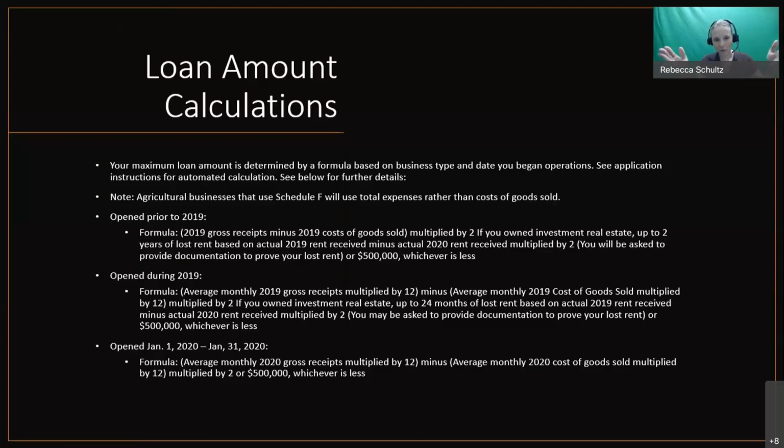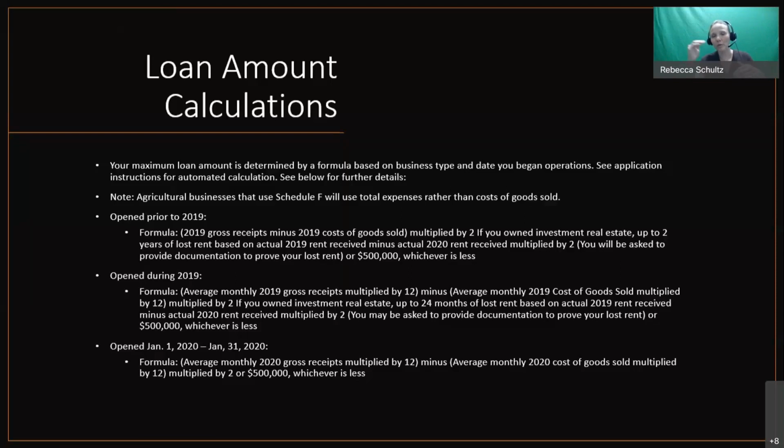They're going to come up with a monthly average in gross receipts or sales, multiply that by 12 to get a look at what a full year would be, minus your cost of goods sold, doing the same average conversion, and then take that figure and multiply it by roughly 24 months. Okay. All right. Remember, the maximum is 500,000.